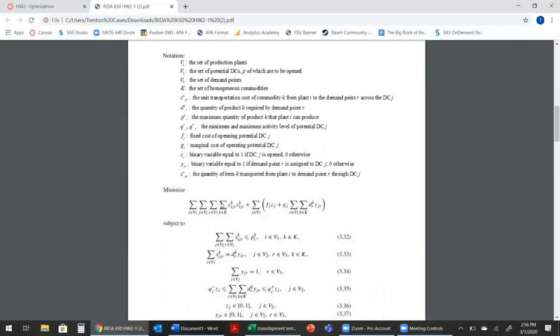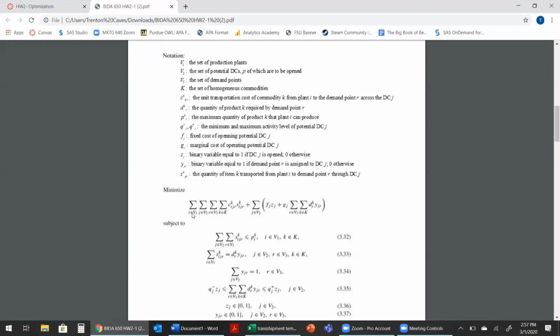So the first four symbols in our objective function, the sigma corresponds to the sum of, so it can also be considered as for all.